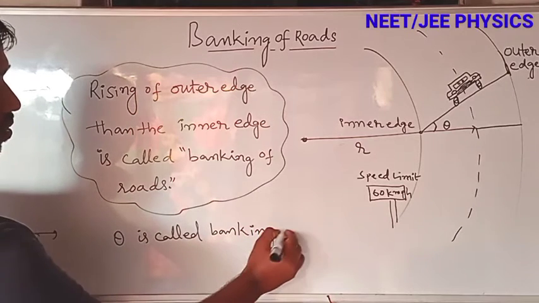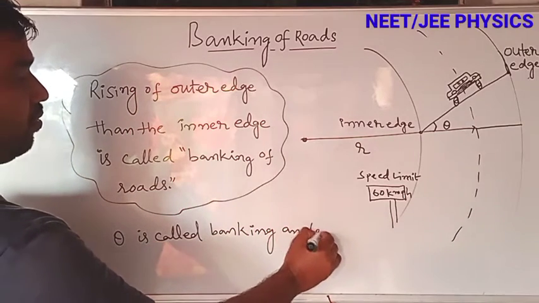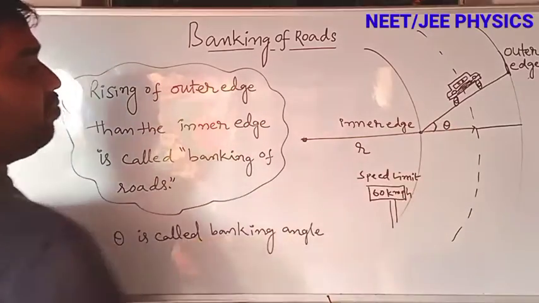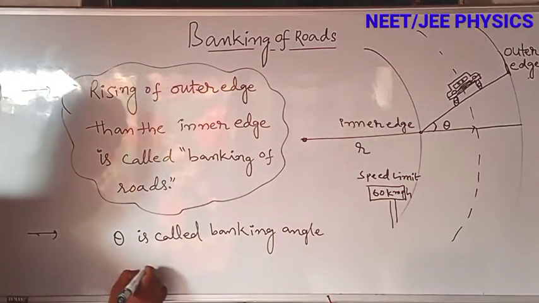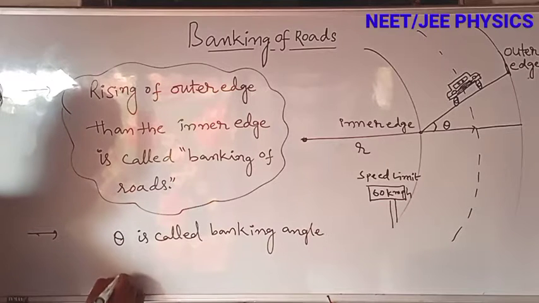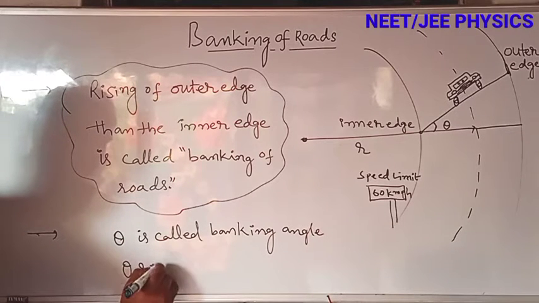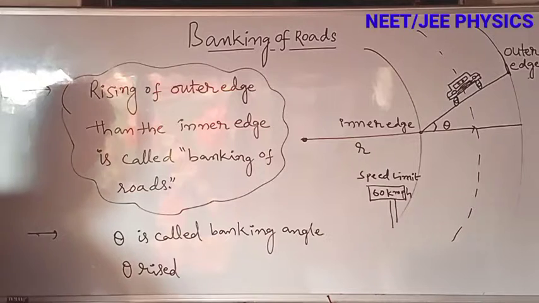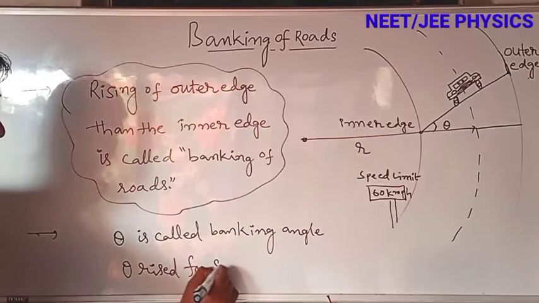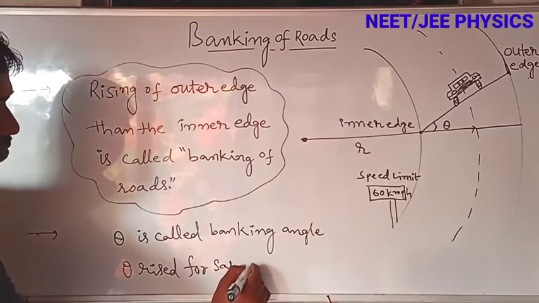The angle theta to be raised to get the vehicle a safe turn on the circular track is called the banking angle. That is why we are raising theta, to get the vehicles a safe turn.